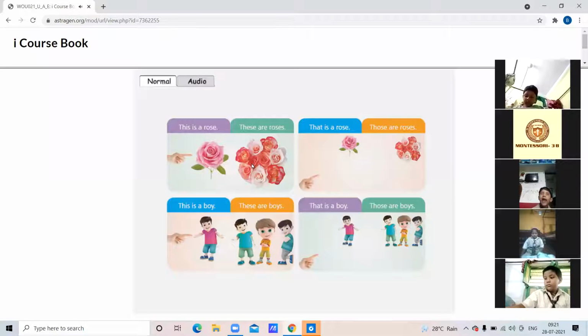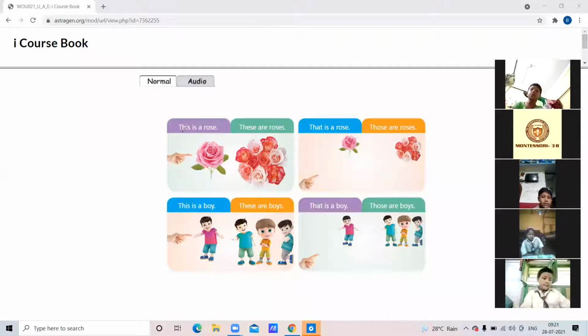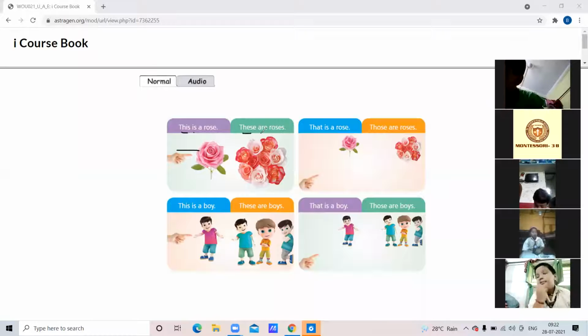In the same way, you will see here, the rose is here. So beautiful. When the rose is near to us and only one in number, what will we say? This is a rose. But the flowers which are many in number and near to us, what will we use? These are.